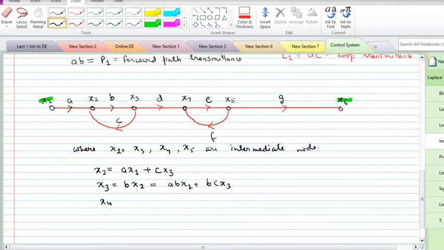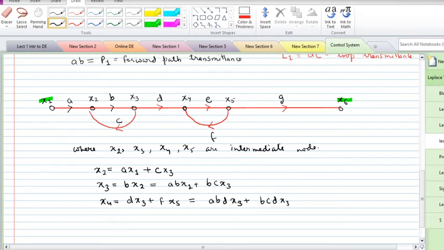Now X4 is DX3 plus FX5. So you can substitute the value of X3 here. So ABDX1 plus BCDX3.